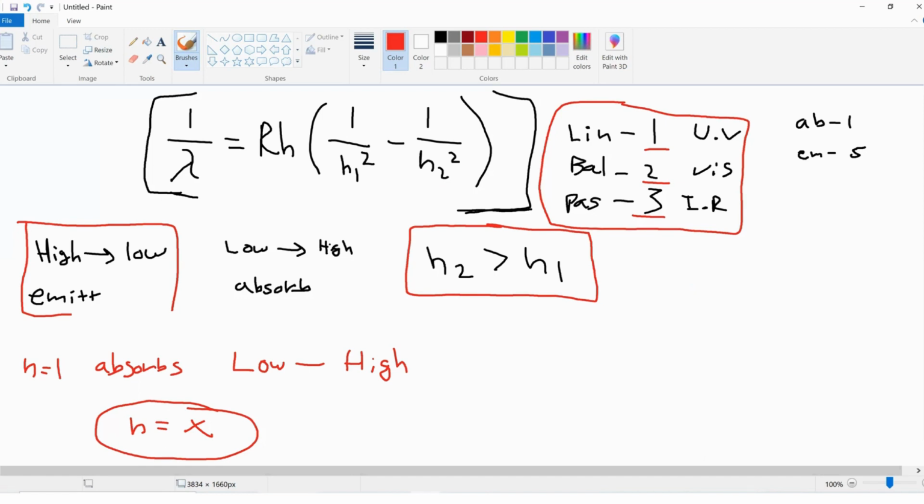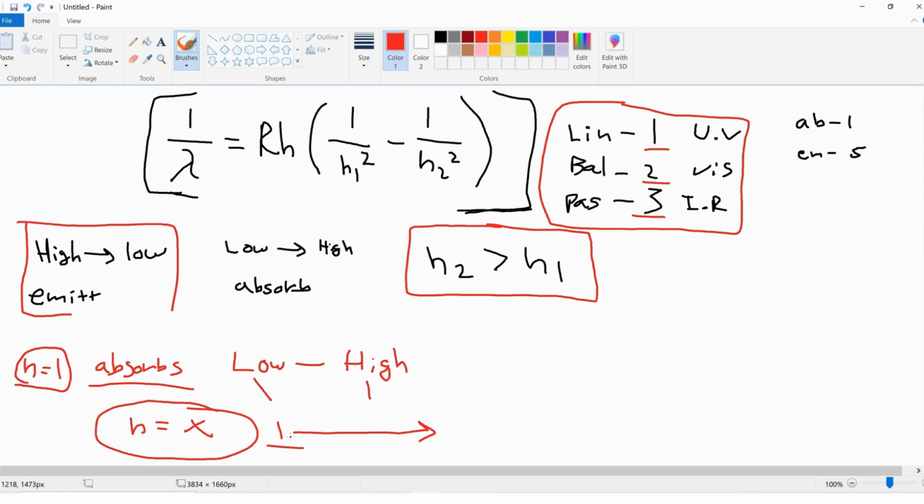Let's take this one for example. We know that we have N equals 1. They give us that, and they're telling us that it's absorbing. That immediately tells us that we're going from low to high. But in these series, you can't go lower than 1. You can go higher than anything, but you can't go lower than 1.